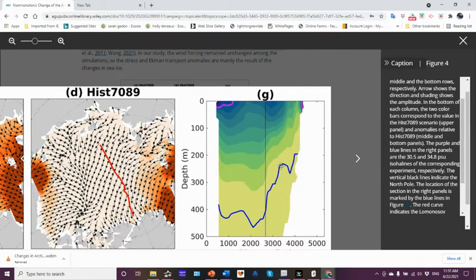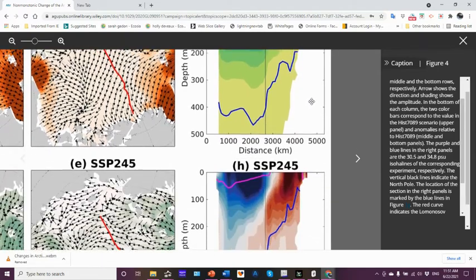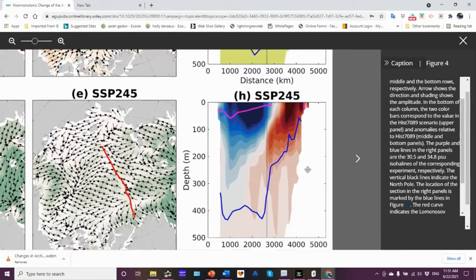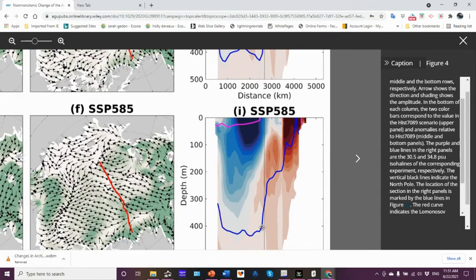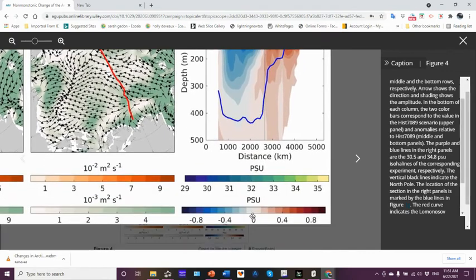So now you see the isohaline seems to be moving vertically towards the surface. What's that all about? Well, let's take a look at these here. If you look at the chart below, these are the differences in practical salinity. So 0 means no difference.